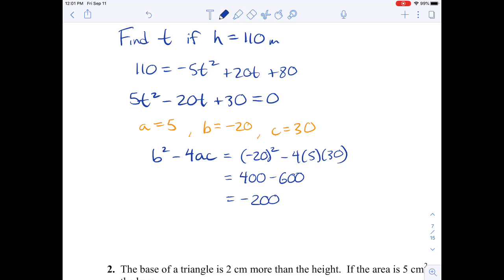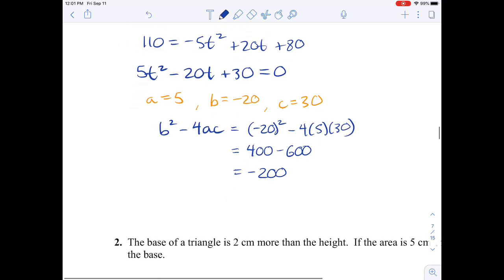The 200 part is not so important. What's really important to notice is that it's negative. It's a value less than 0. So now we can make a really important statement, similar to what we did when we were first learning the discriminant. We can say, since b squared minus 4ac is clearly less than 0, therefore, there are no real roots.